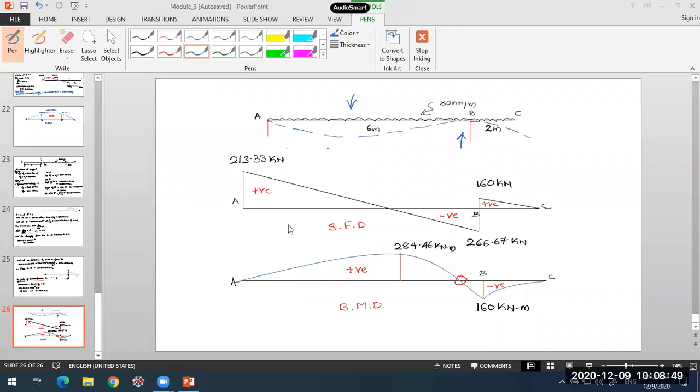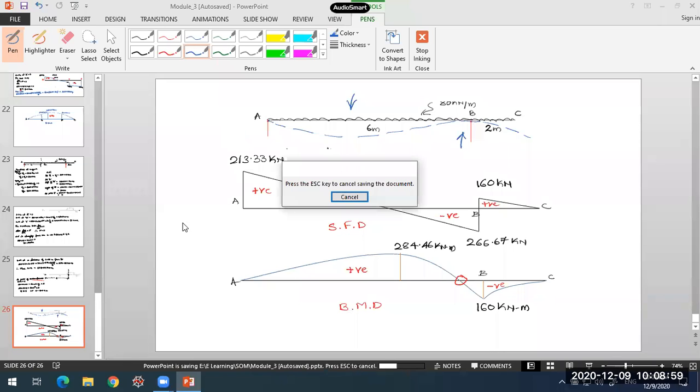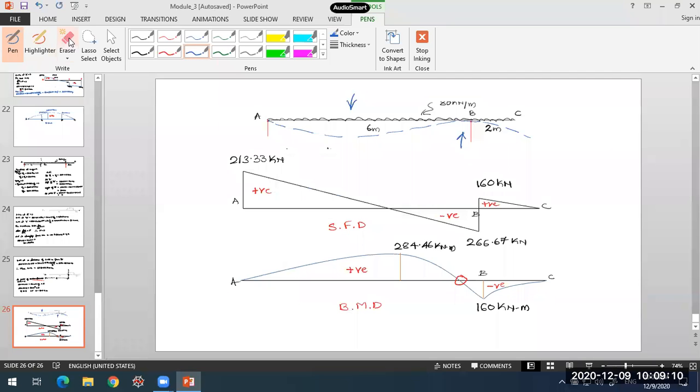So that is the plotting part of the bending moment diagram. You have to plot this bending moment diagram after calculating all the values of shear force and bending moment. Just let me put this for your information.